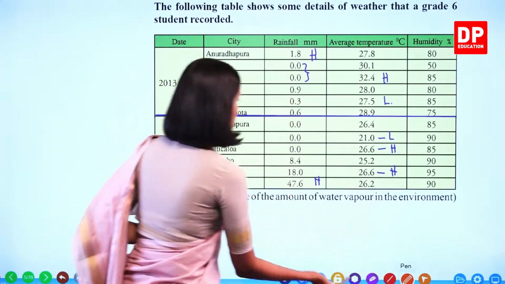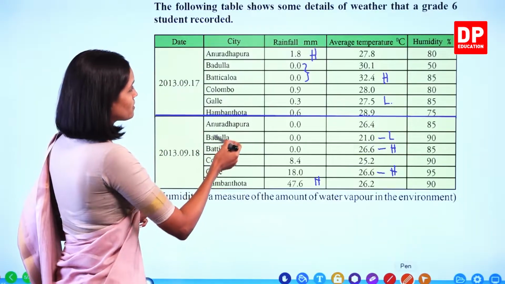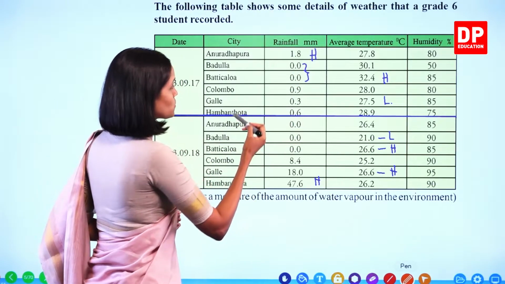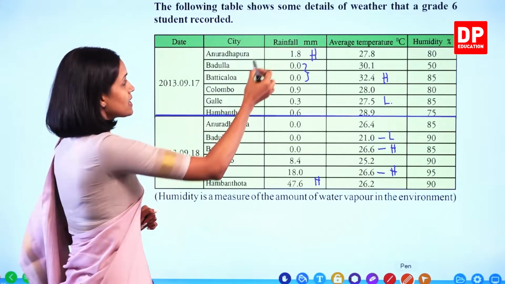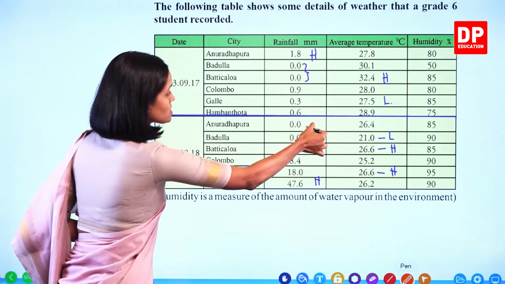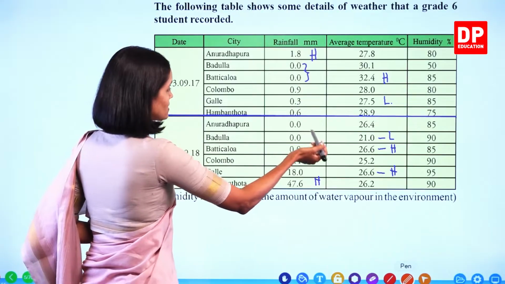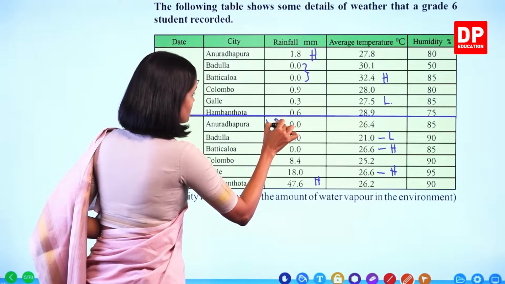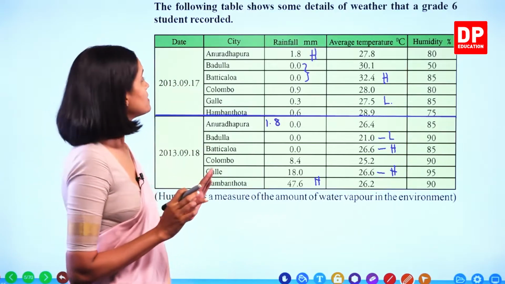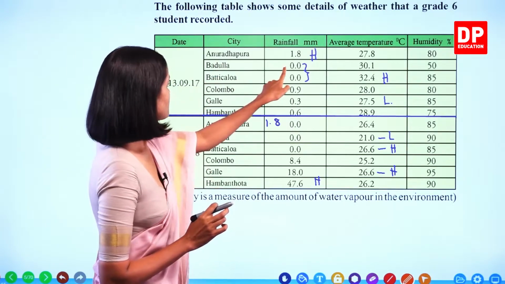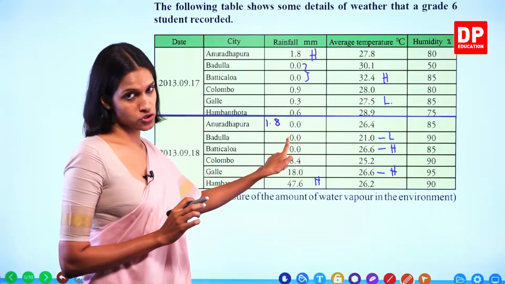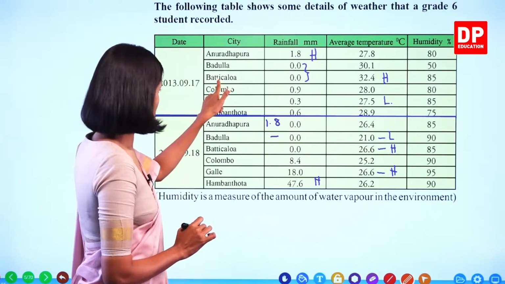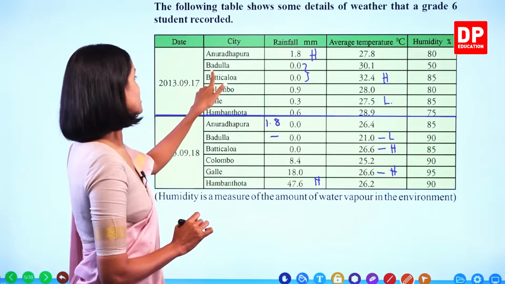So first let's take Anuradhapura. First day 1.8, second day 0, which means what is the difference? 1.8 minus 0 means 1.8. I will write the difference here. 1.8. Second one, Badulla. Here 0, here also 0. So there's no difference. Third one is Batticaloa.